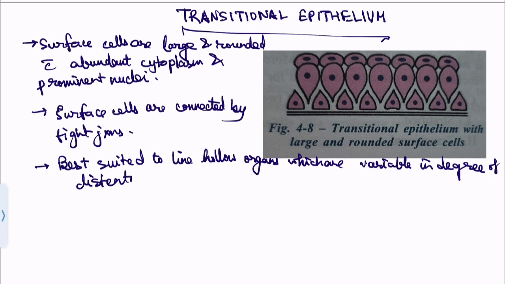What does that mean? Suppose an organ may get distended later. Best example, the urinary bladder. Normally it's not filled, it's quite compressed. When it gets filled, it becomes distended. It increases in size. It blows up like a balloon, right?